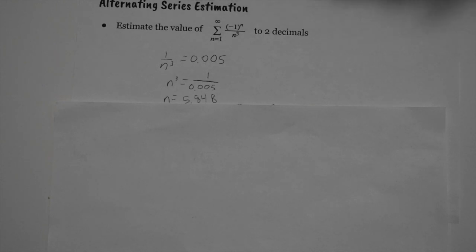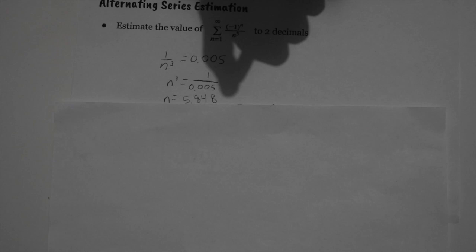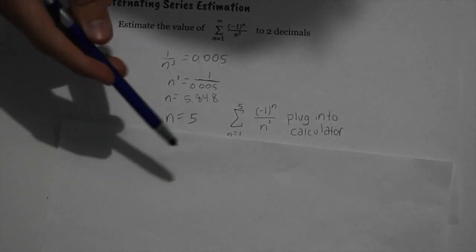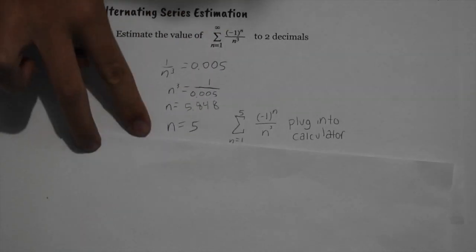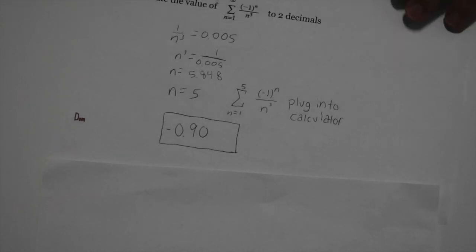Well, clearly it's not 5.8, because 5.8 is not a natural number, if you did not know. For the alternating series estimation, we always round down, because it's telling us our next jump is within 0.005. So if our next jump is within 0.005, we're already close enough to our middle value that we want to be. We just plug that into our calculator from 1 to 5, and we get negative 0.90.